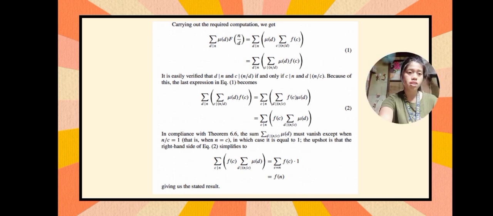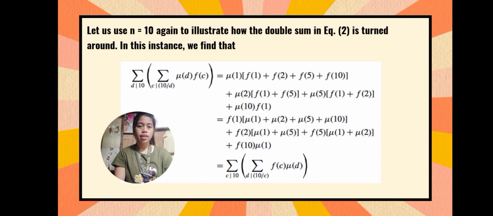This gives the stated result. So let us use this example, n = 10, again to illustrate how the double sum equation is turned around. In this instance, we find that f(10) is the summation of f(c) times μ(d), such that d divides 10/c.